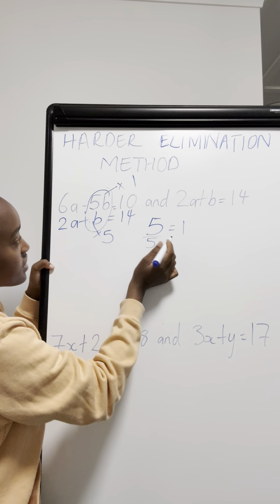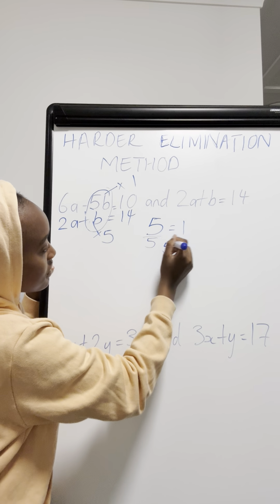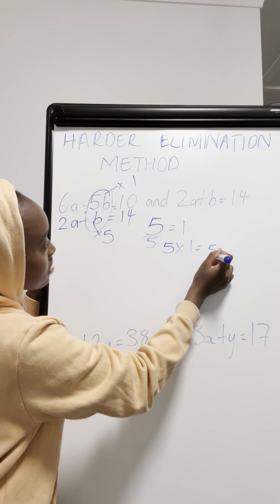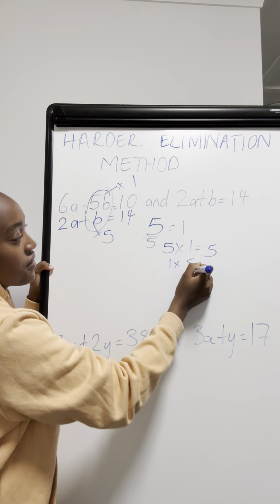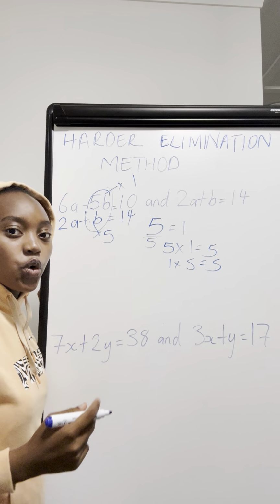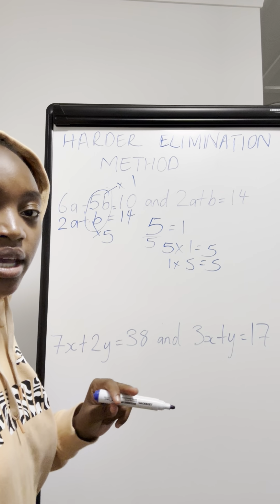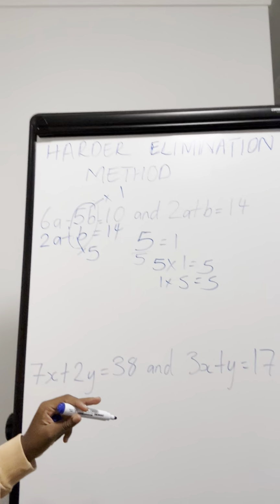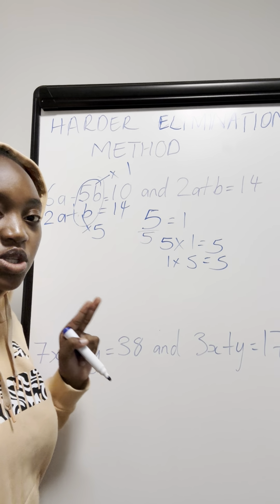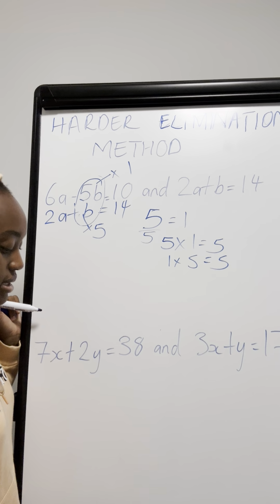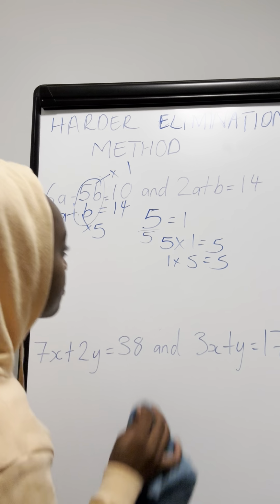And then here, 5 times 1 equals 5. And then 1 times 5, we get 5. So we have to find 2 numbers that we can multiply with to get the same exact number.